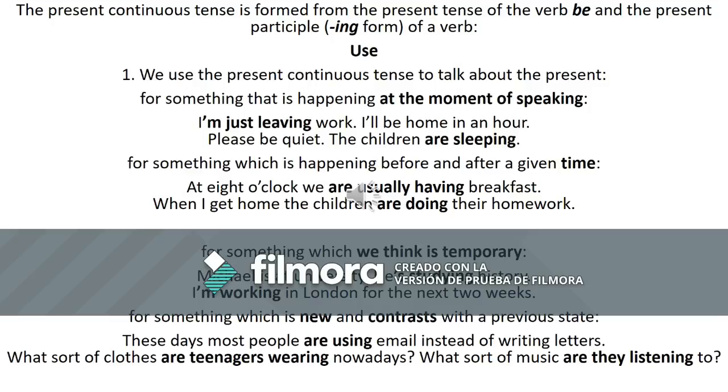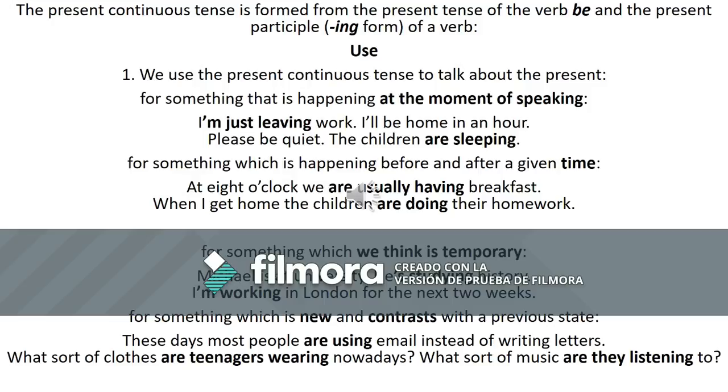For something which is happening before and after a given time. At 8 o'clock, we are usually having breakfast. When I get home, the children are doing their homework. For something which we think is temporary, for example, Michael is at university. He is studying history. I'm working in London for the next 2 weeks.